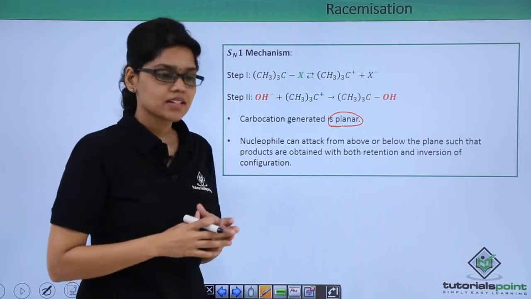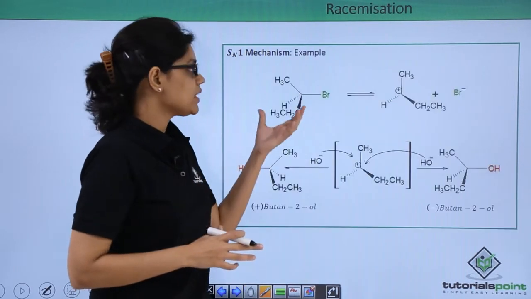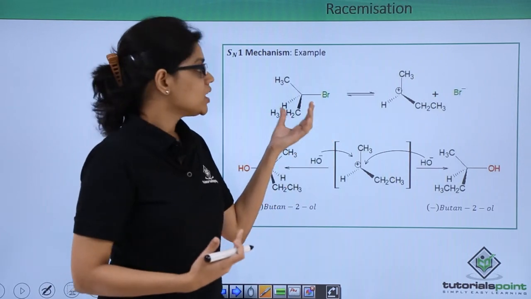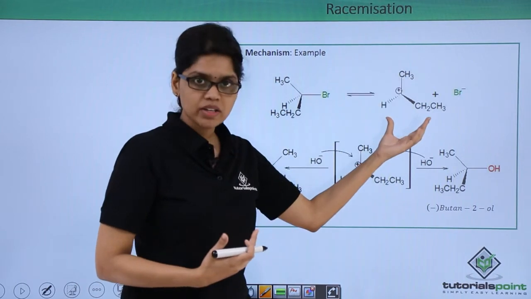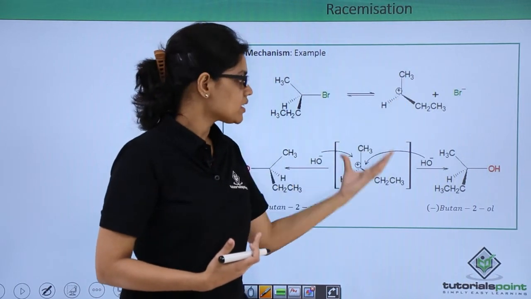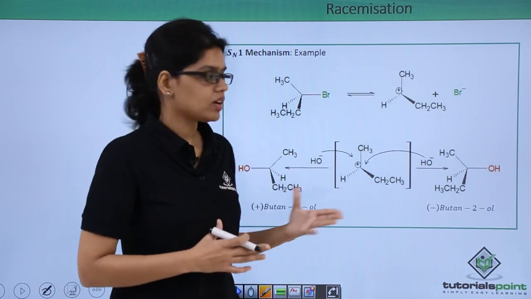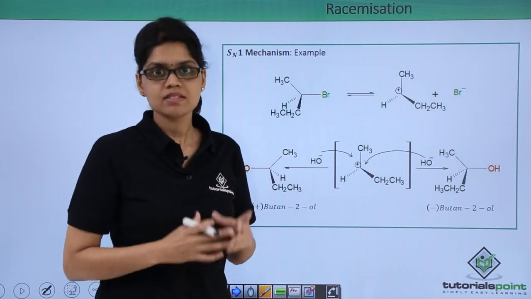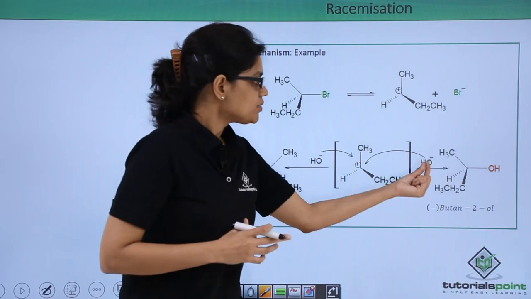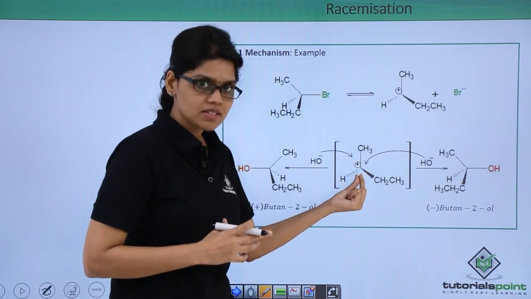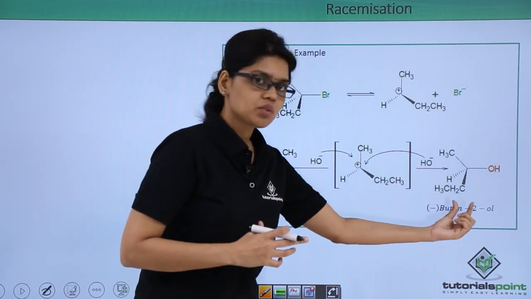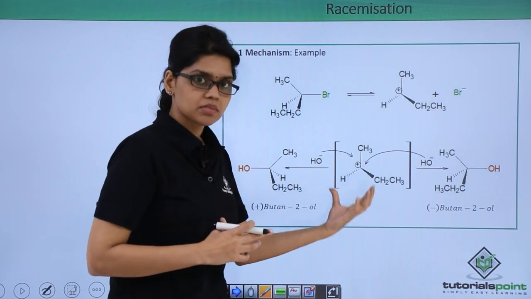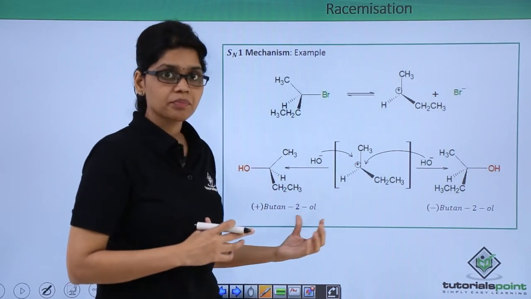To understand this, let's take an example. Here we have an alkyl halide, and as you can see in an SN1 mechanism, the first step is generation of a carbocation. If you look at the carbocation, it is planar, or it lies in the plane, and attack of the nucleophile can take place in 2 ways. If the nucleophile attacks this carbocation from this side, you get (-)-butan-2-ol, and if OH⁻ attacks the carbocation from this side, you get (+)-butan-2-ol.